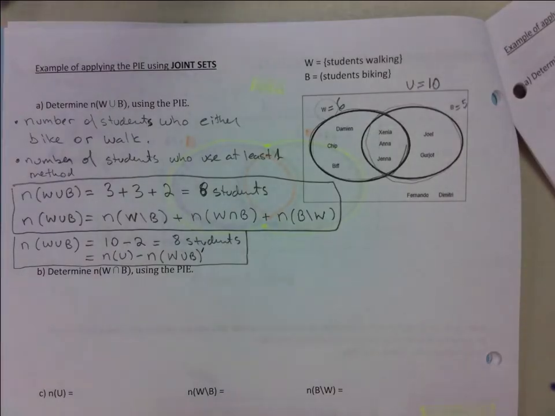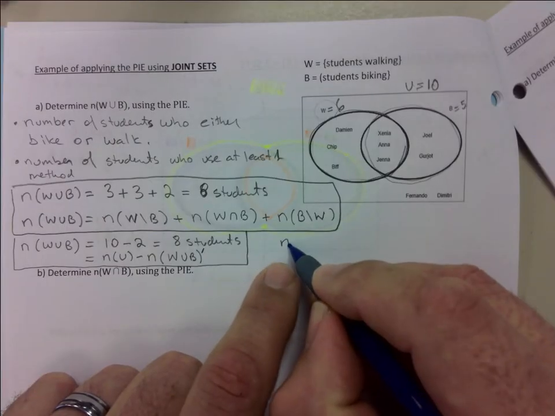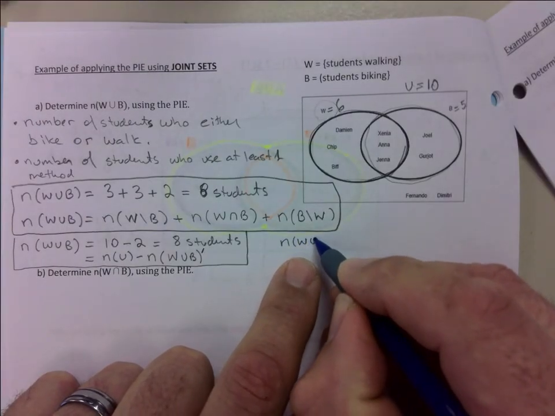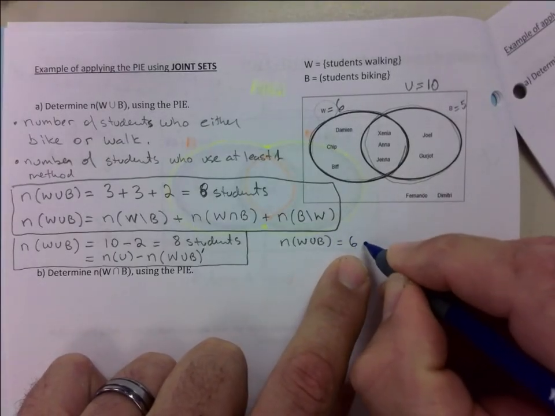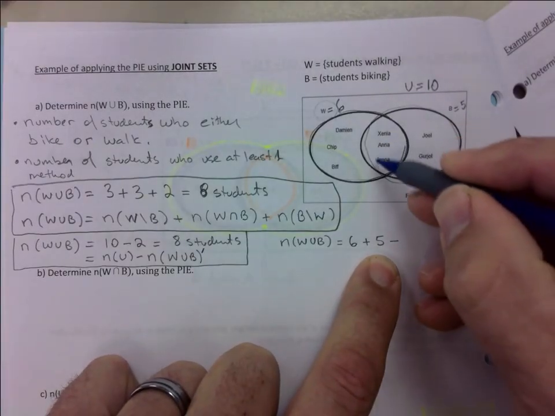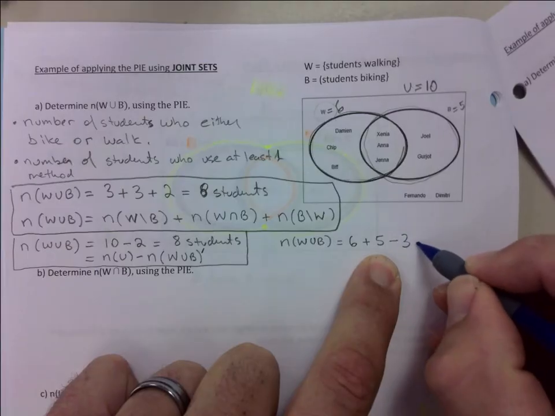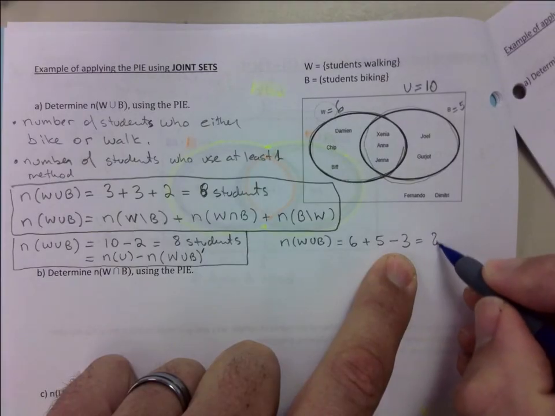So that's where that third one comes in. So watch this. It is going to be 6 plus 5 minus 3, because I double counted that. 11 minus 3 is 8 students.